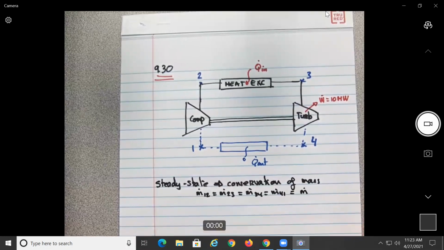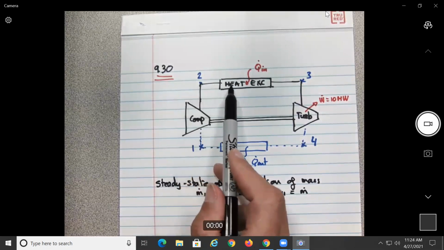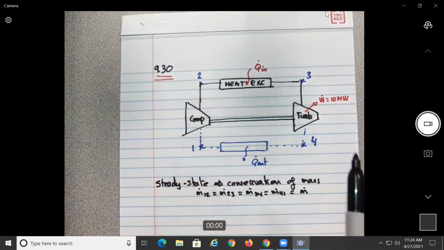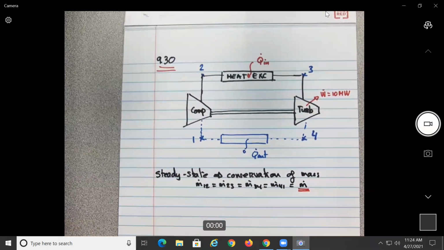Let's just call this one the mass flow m. Basically, the amount of mass coming into the system is equal to the amount of mass going out. If it comes in here, it goes out; for this one it comes in and goes out, and so on. So we just have m. So we need to find the mass flow.